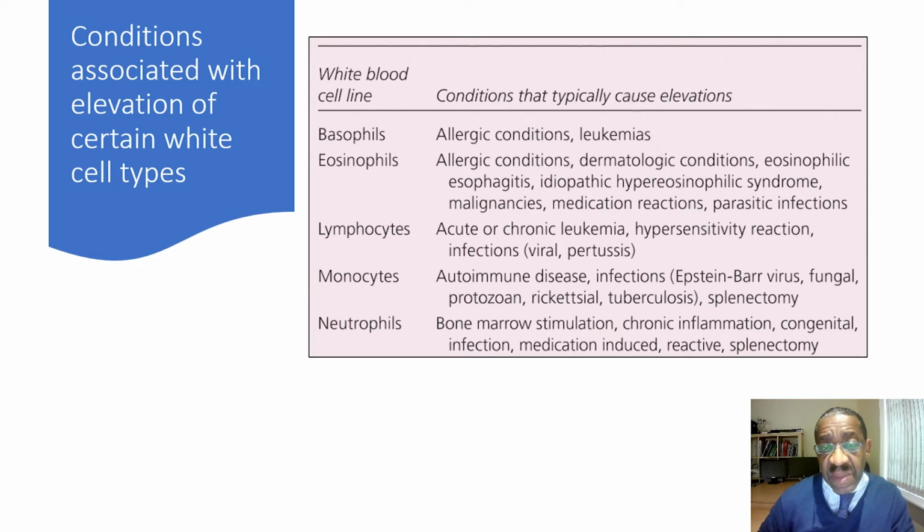So common to many of them are inflammatory, infective, and malignant conditions. But there are sometimes more specific conditions, such as those that might be unique to neutrophils, or a chronic form of leukemia unique to lymphocytes, causing an increased lymphocyte count. And we'll see more of this a little later on.